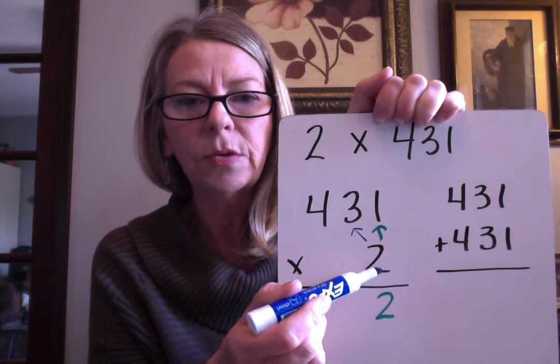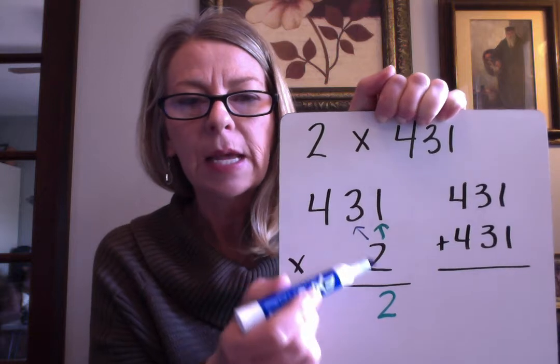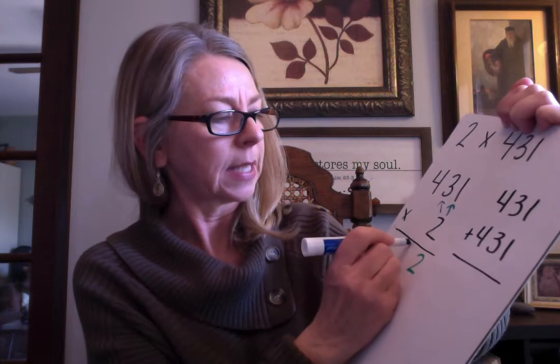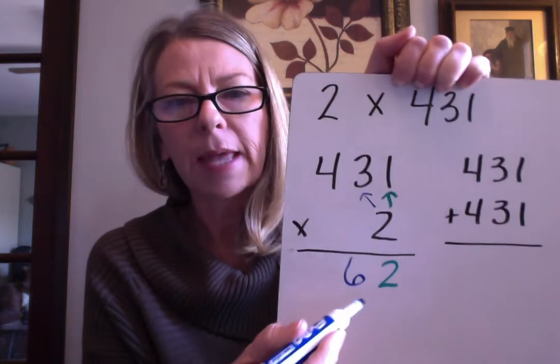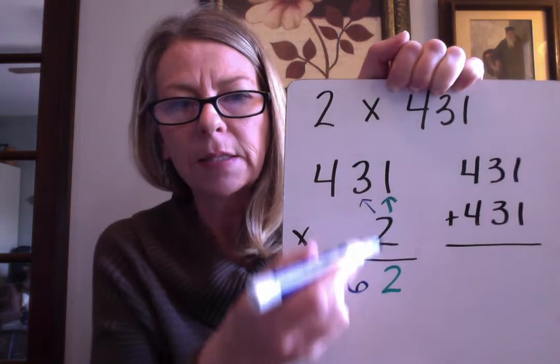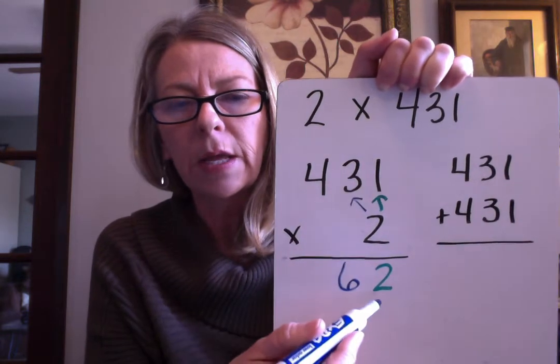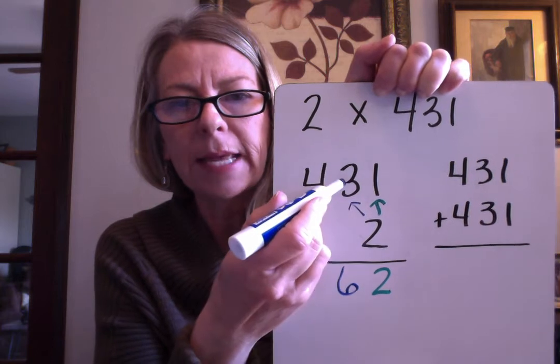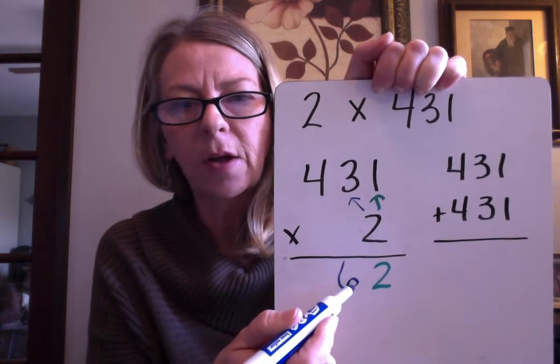So this is 2 times 3 tens, and 2 times 3 tens equals 6 tens. And I put my answer right there in the tens spot. So when I multiply by my ones, my answer goes in the ones column. When I multiply by my tens, my answer goes in the tens column.